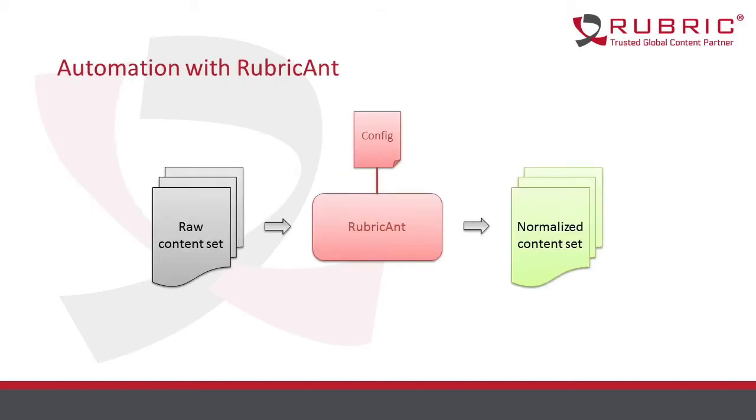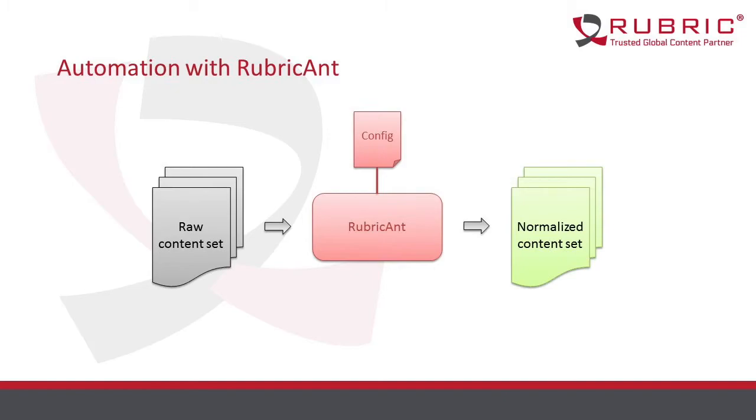One of the key pieces in our automation tools is something we call Rubric Ant, and this is a general purpose content transformation, text data transformation tool. It's analogous to Apache Ant, if you've ever worked with that in software development, and it transforms a set of content based on a configuration, and it will produce a normalized or an adjusted content set as a result.